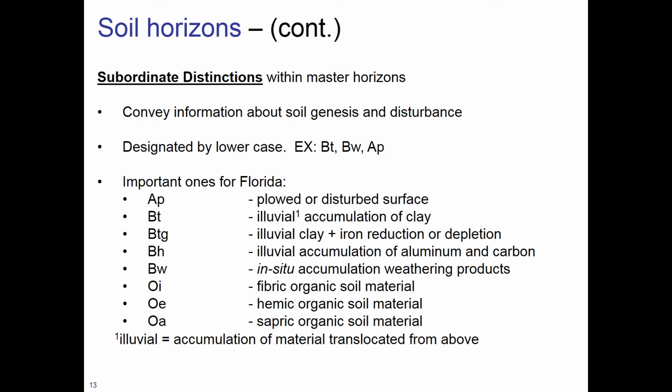And then we have O horizons that are defined by degrees of organic matter decomposition. Oi is fibric organic soil material which is minimally decomposed. Oa is sapric organic soil material which is highly decomposed, and Oe is hemic material which is intermediate between the Oi and the Oa in degree of decomposition.